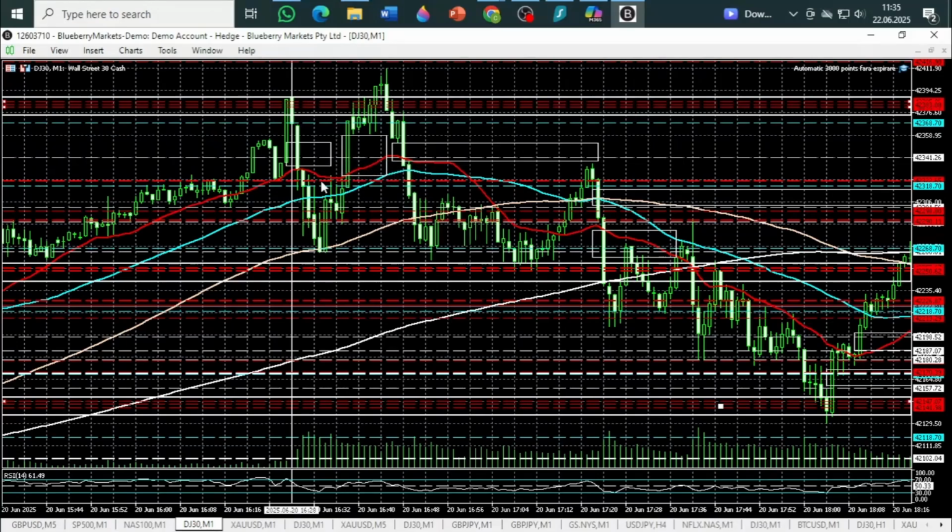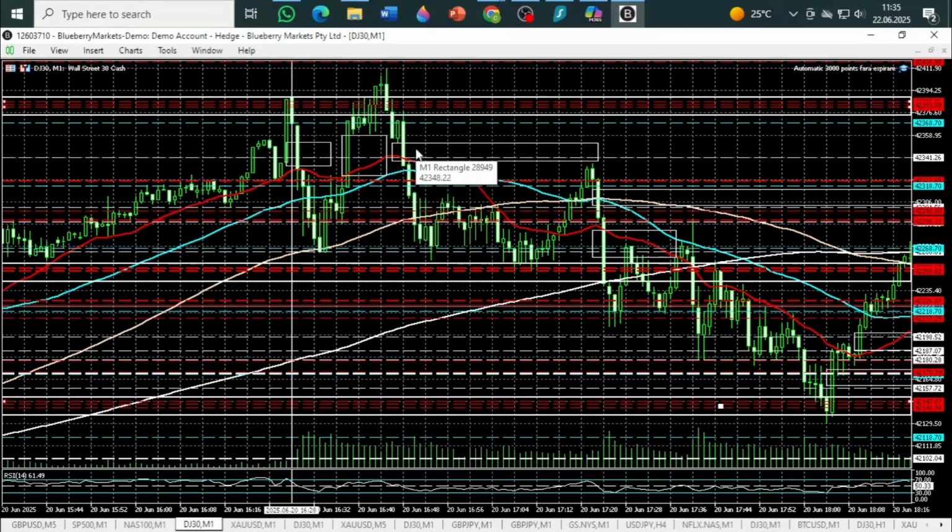We can see the trend reach this level and beyond, and in the downtrend we can see another fair value gap here.